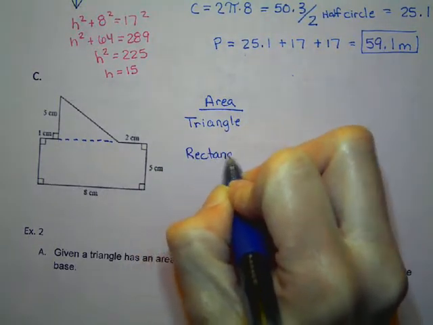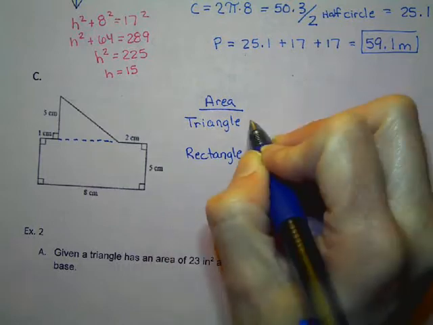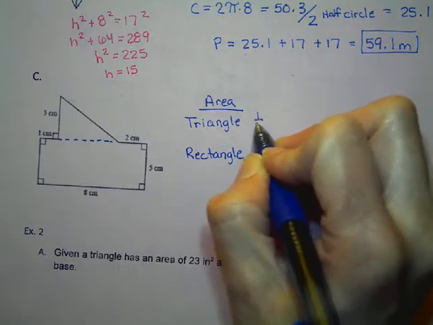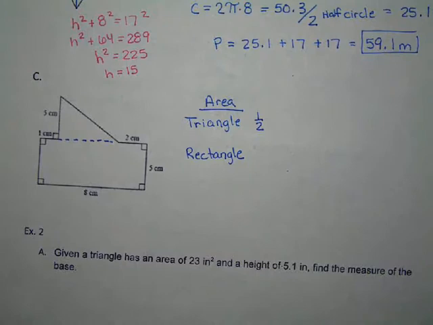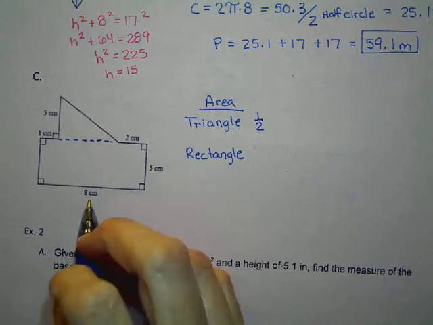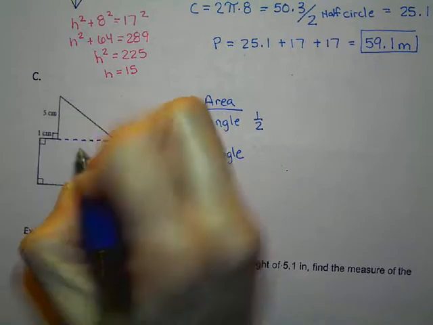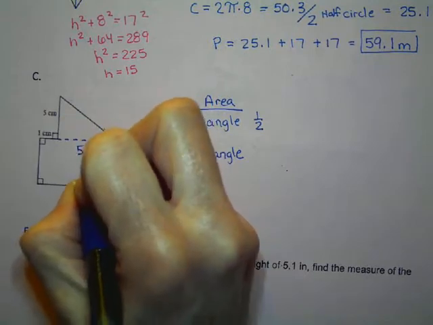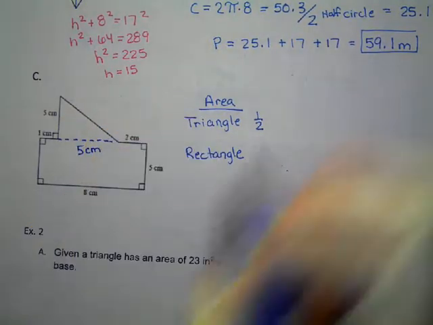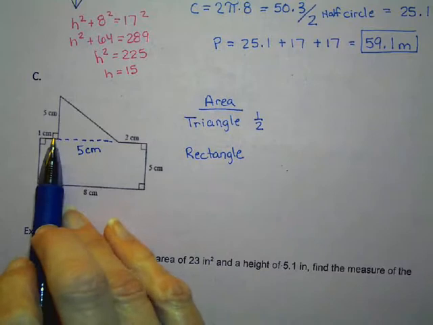Triangle is half base times height. Well, on this one, it says the bottom here is 8. This is 1, and this is 2. So 8 minus 3 means this part here is 5. So it's not exactly drawn to scale, but because this is the 90-degree angle here, we know that this is the base and the 5 is the height.